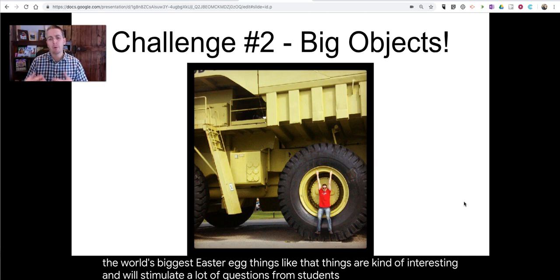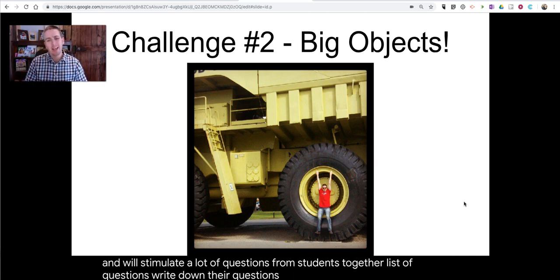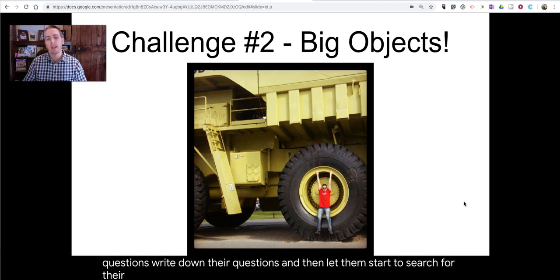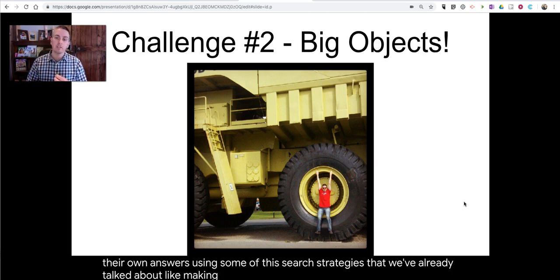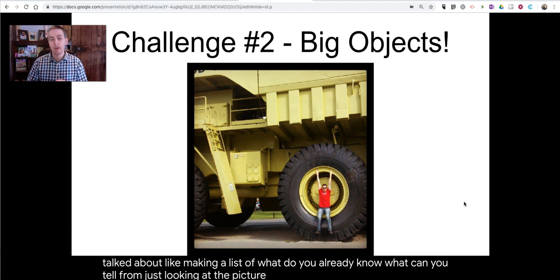So have them brainstorm or put together their list of questions, write down their questions, and then let them start to search for their own answers using some of the search strategies that we've already talked about, like making a list of what do you already know? What can you tell from just looking at the picture?